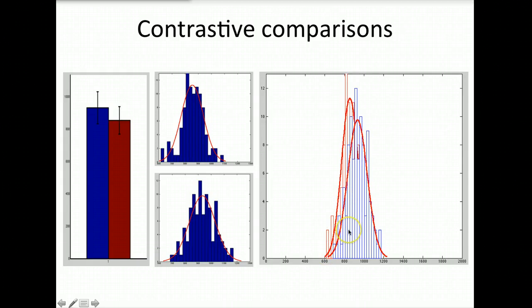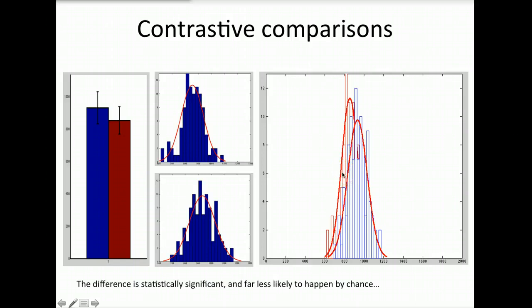And in this case, we might infer from this graph alone that the variance between the two conditions might be greater than the variance within. So the variance between the two is different from the variance within each of the two conditions.